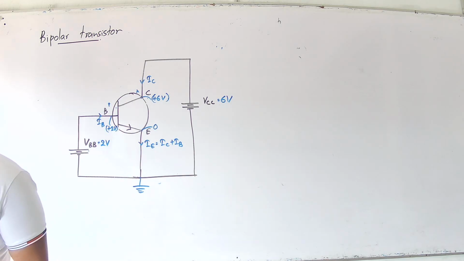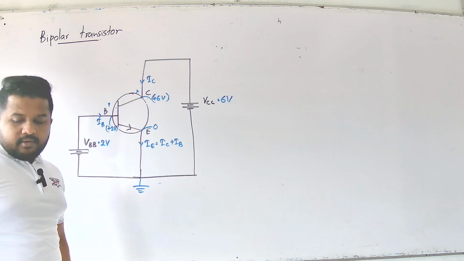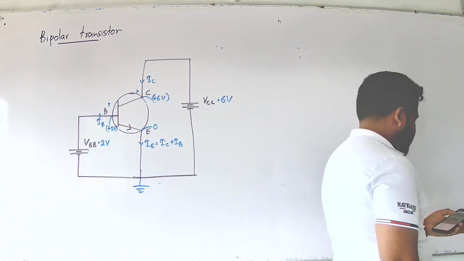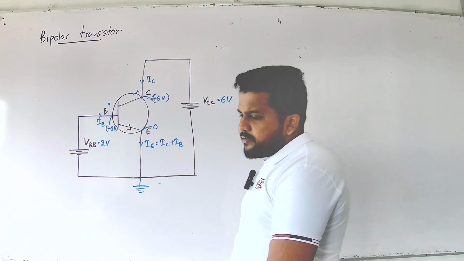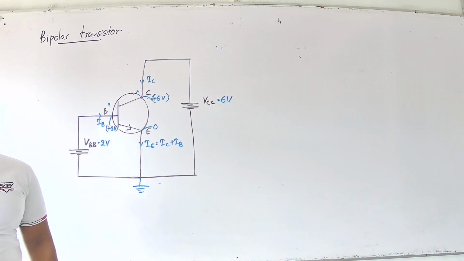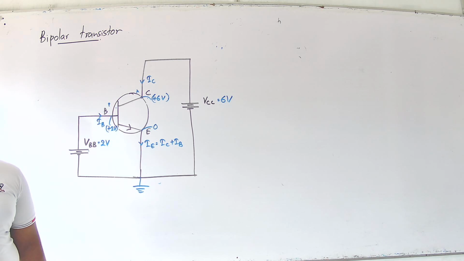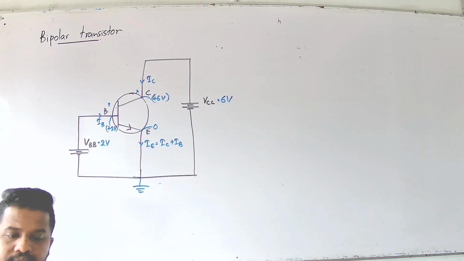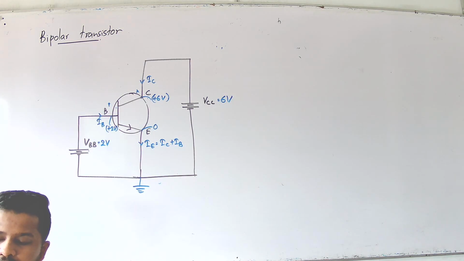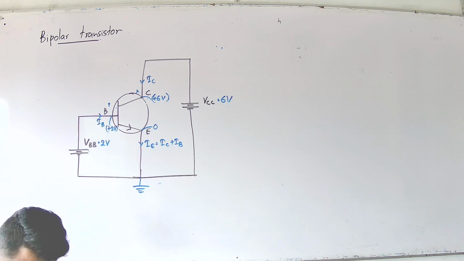Okay, write down. Since the BE junction is forward biased, the majority carriers in the N region will move to the P region.